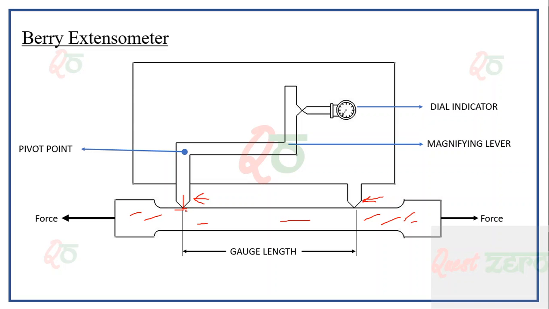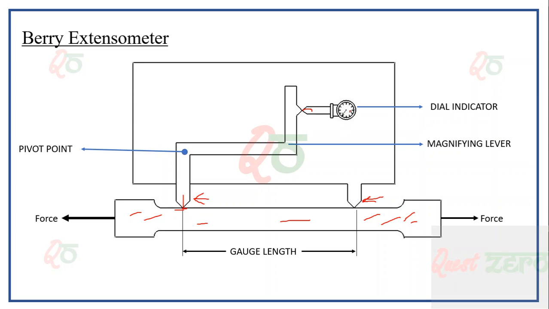When it tries to move, there is a pivotal point. This entire linkage, the magnifying lever that has been denoted, will try to rotate. When it rotates, it will be in contact with a dial indicator, and with the application of force on this dial indicator, the dial will start to rotate.